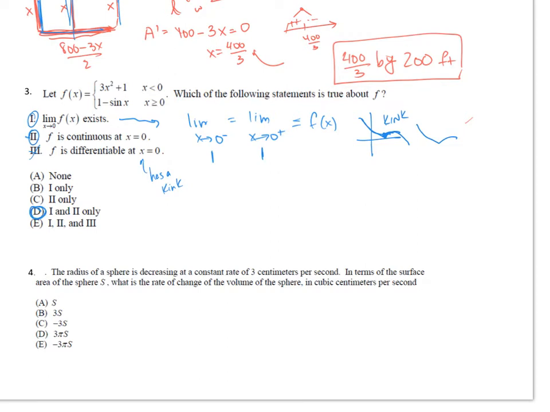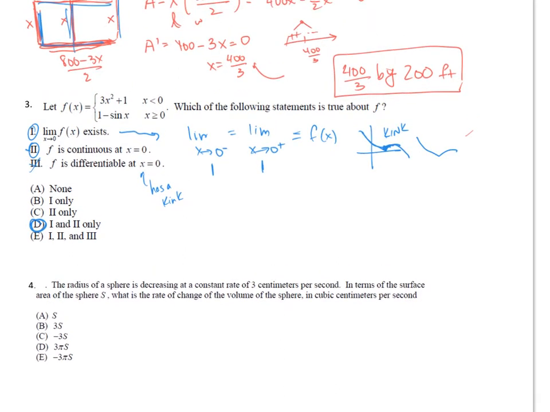You can also consider, to see the differentiability, you can take the derivative of this, and you're going to get 6x when x is less than 0, and you will also get negative cosine x when x is greater than or equal to 0.